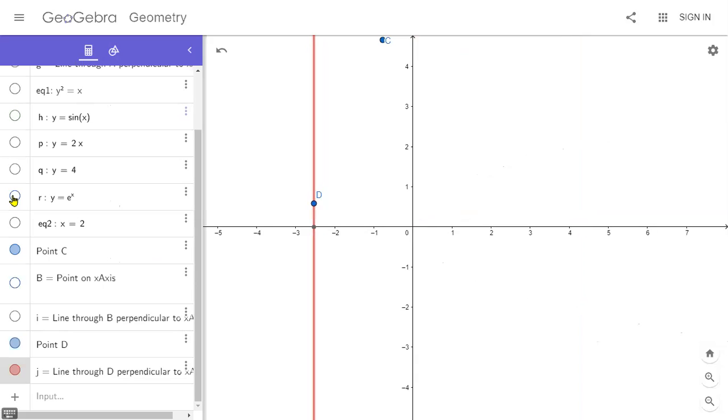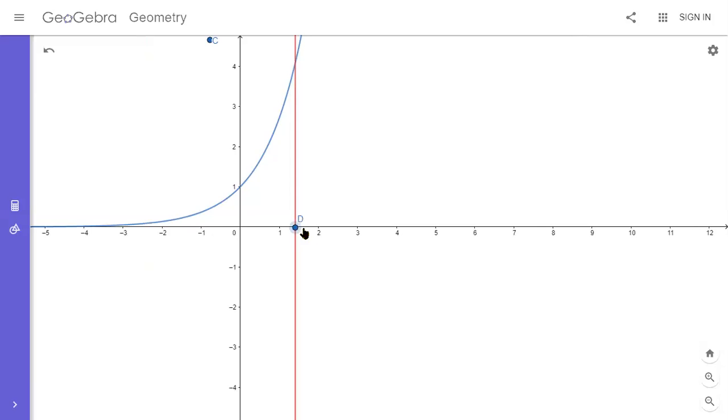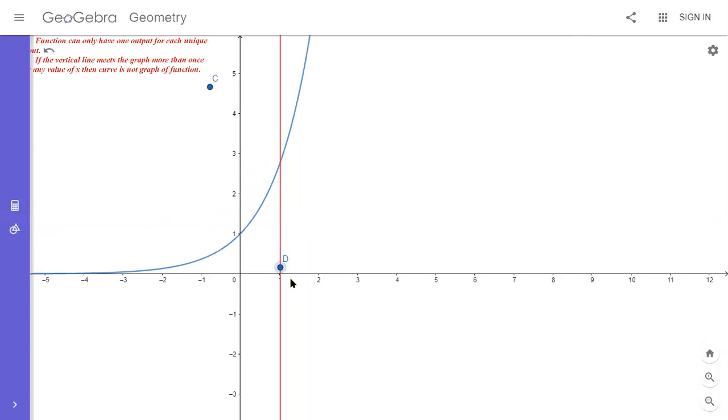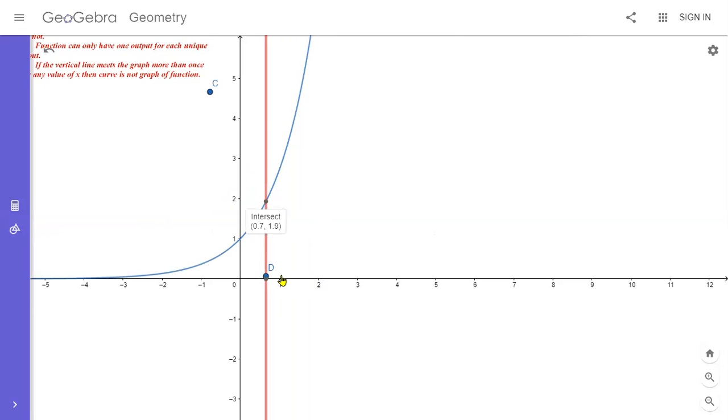Let me use the exponential graph. Let me check with this vertical line on this exponential graph. For any value of x, we can easily observe that this vertical line touches at only one point.